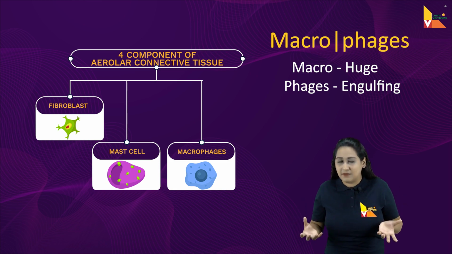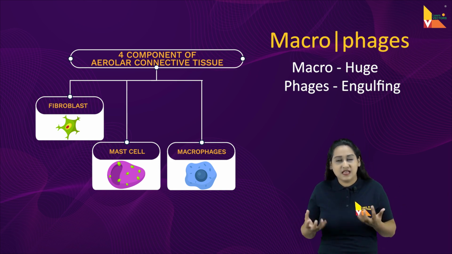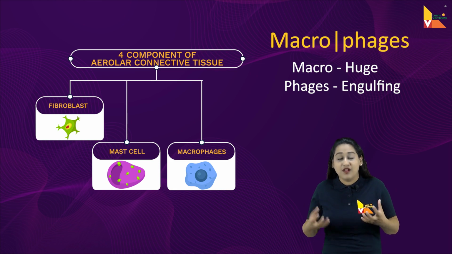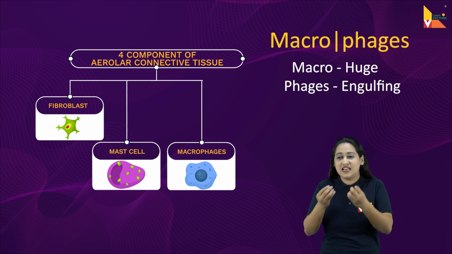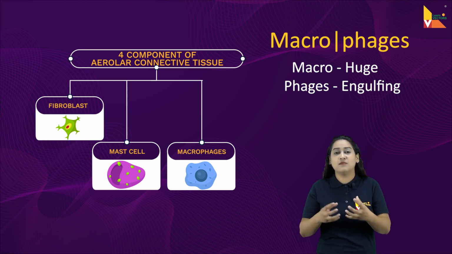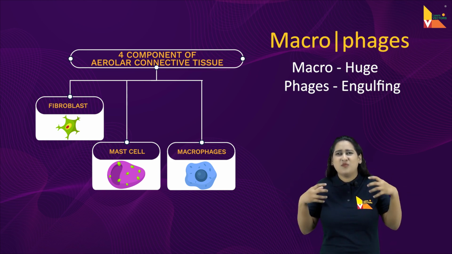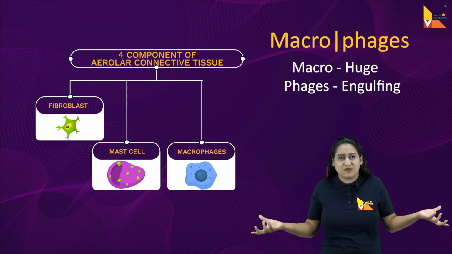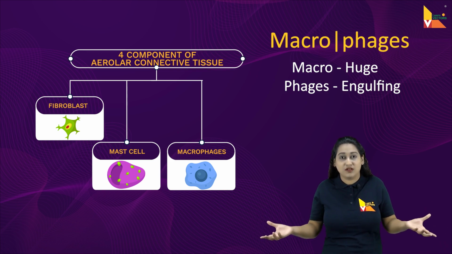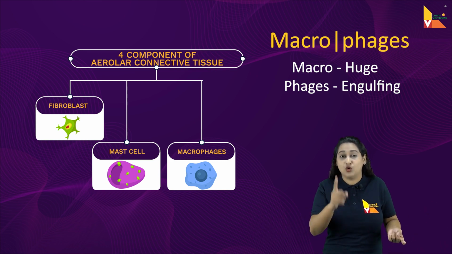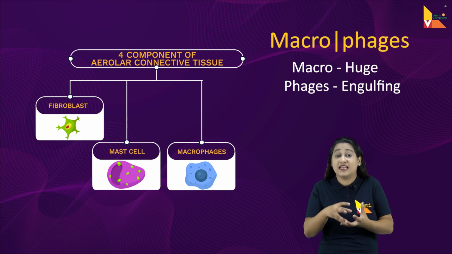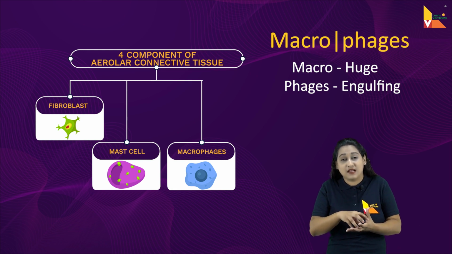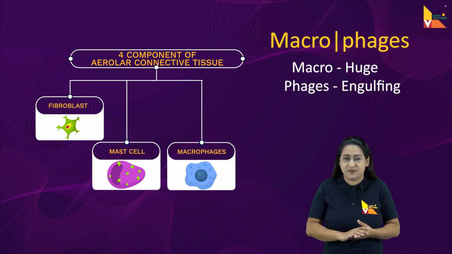If there is some damage inside the body, and the cells and tissues have ruptured, they should be engulfed, right? Because if these dead elements are present inside the body, they may release toxins which will be harmful to the body. So macrophages are the ones which engulf the cells. They may engulf their own cells, and they may engulf other antigenic cells.